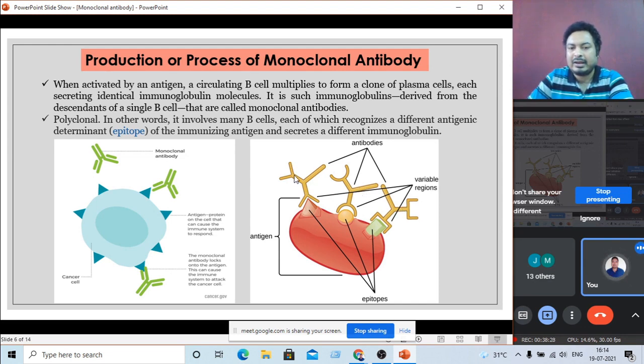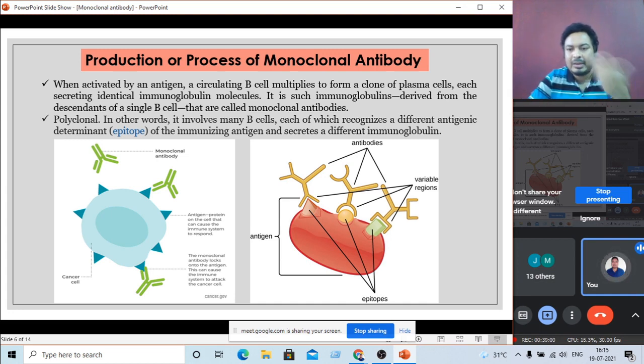This group of antibodies is not called a monoclonal antibody. It is called a polyclonal antibody, because they have different structures and can recognize three different types of antigens, not only one type. This is the basic difference between the monoclonal and the polyclonal antibody.